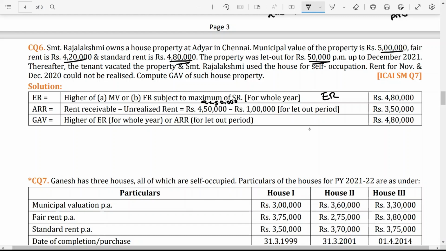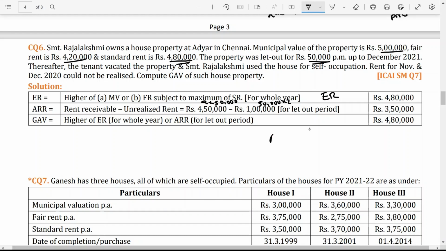Means the house remains vacant for some other reason, not because of loss due to vacancy. Rent for November and December 2020 could not be realized. That is unrealized rent, 50,000 into 2. So 4 lakh 50,000 minus 1 lakh. So 3 lakh 50,000 is your answer.